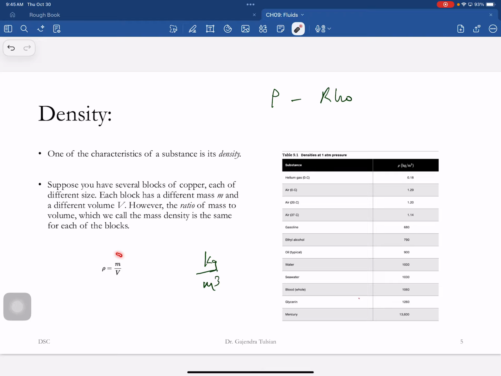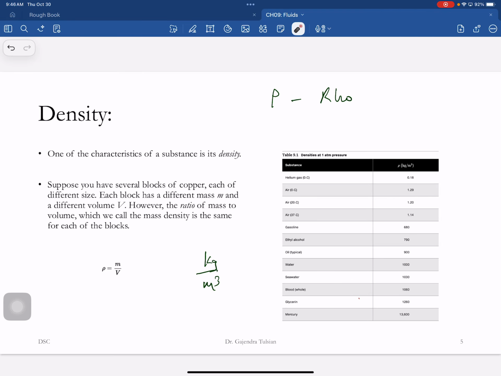All right, now let me give you the density of gases, liquids, and solids. For air at 0 degrees Celsius, the density is about 1.3 kgs per meter cube. So here is a meter cube. This much air weighs 1.3 kgs, which is about 3 pounds. That much water weighs about 2,500 pounds, 1,000 times more.